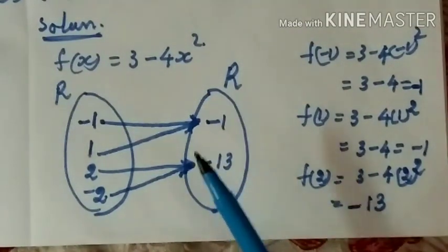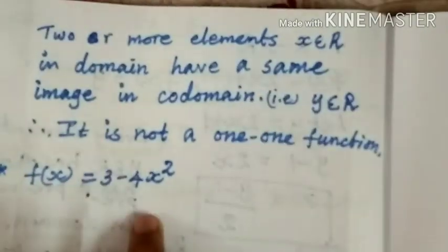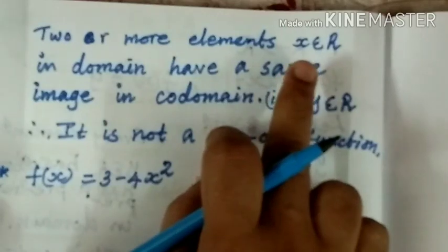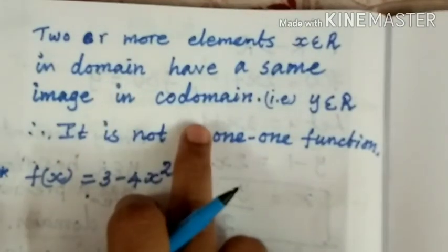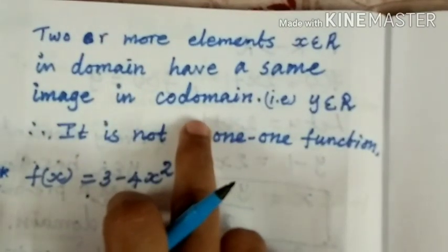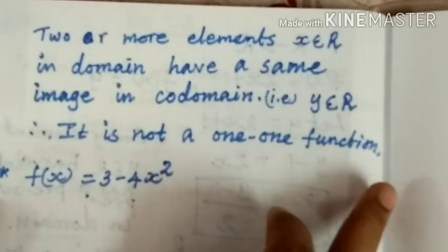Therefore, it is not a one-one function. Two or more elements x belonging to real numbers in the domain have the same image in the codomain, that is y belonging to real numbers. Therefore, it is not a one-one function.